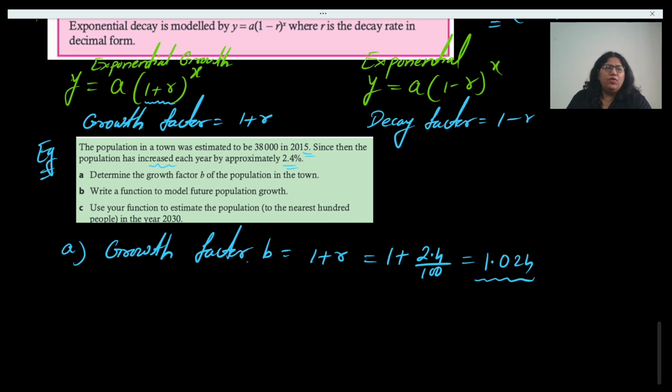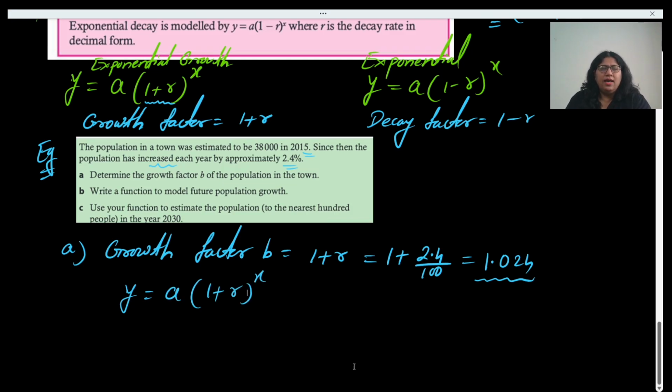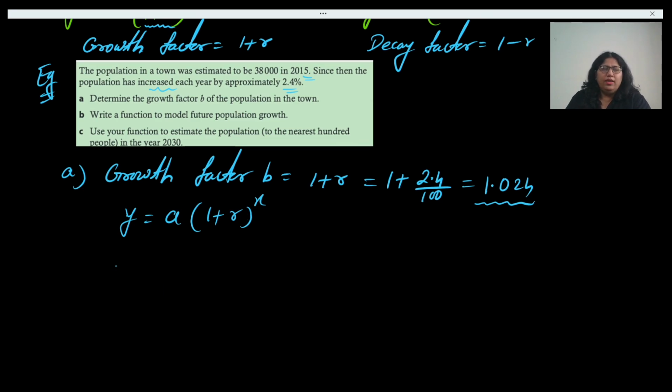First, what is the formula? The exponential growth formula: y equals a times 1 plus r to the power x, and 1 plus r you already got. The initial value, the population at the start, was 38,000, times 1.024 to the power x, which represents the exponential growth population model.